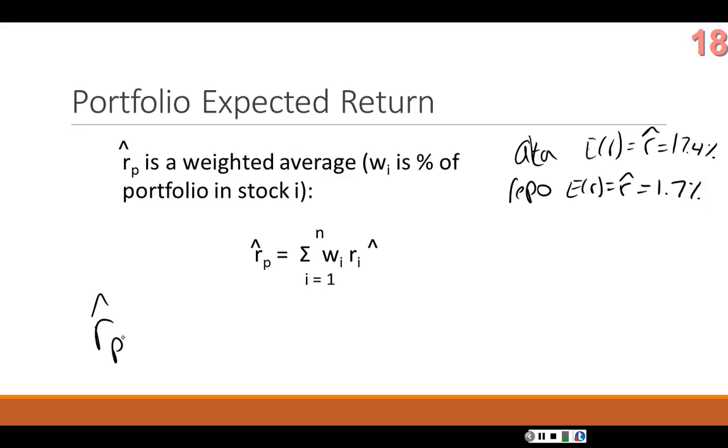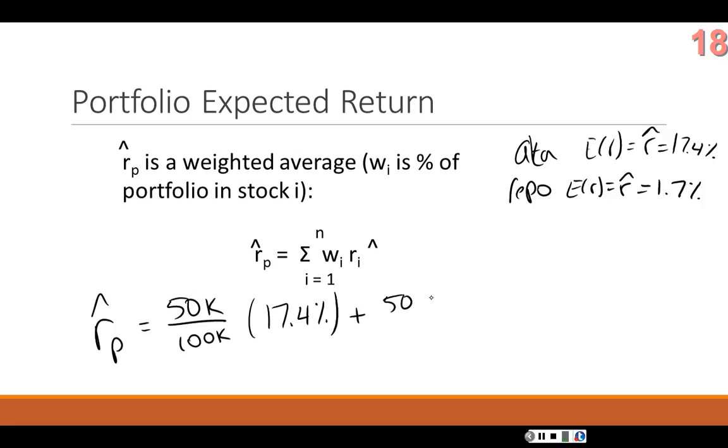So if we combine the two in our portfolio, then we can calculate the expected return of the portfolio as the weight in the first asset, Alta. We have $50,000 invested in Alta, and we have a $100,000 portfolio, so 50% of our assets are invested in Alta. And that investment has an expected return of 17.4%.